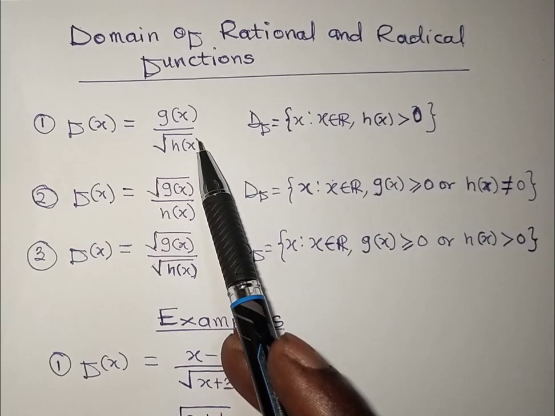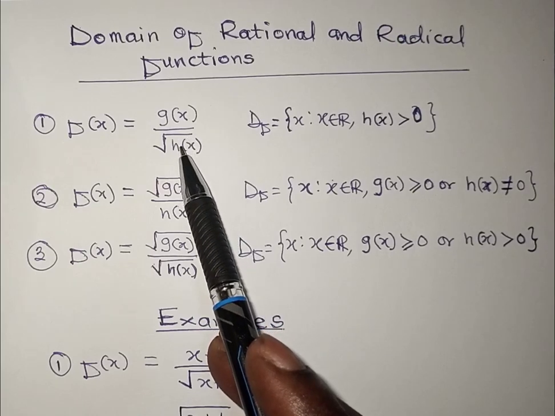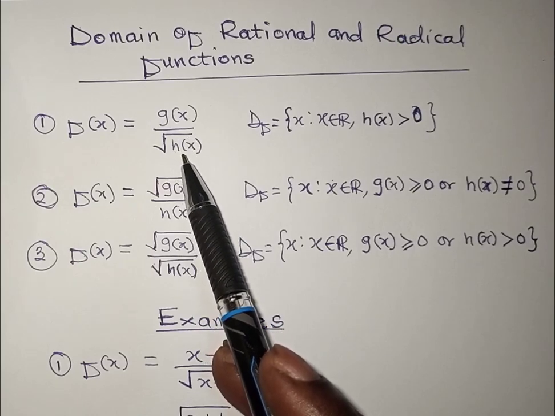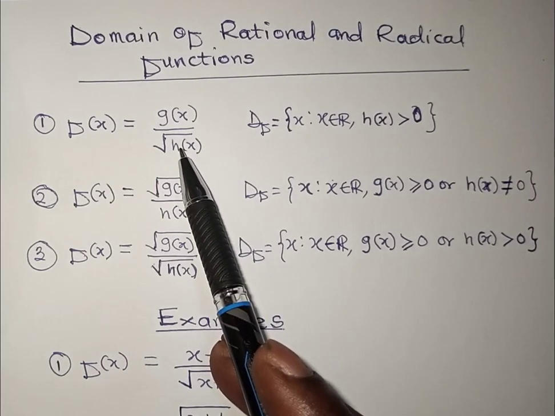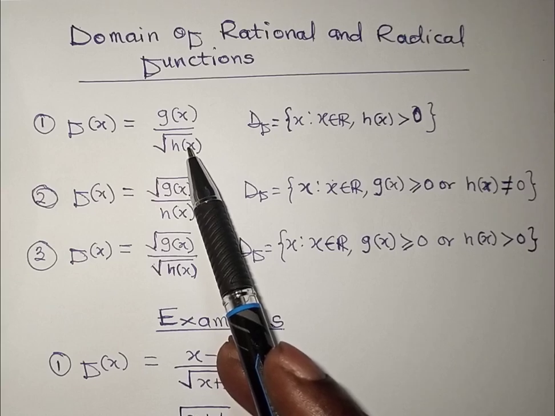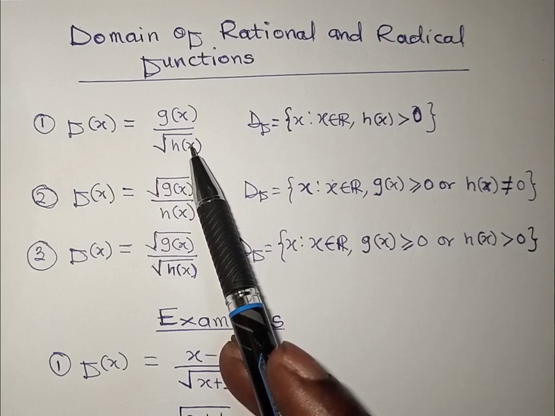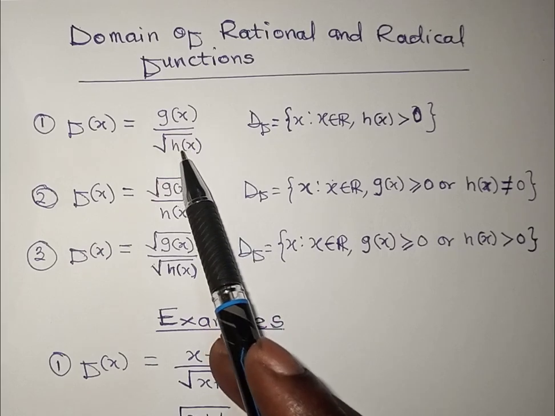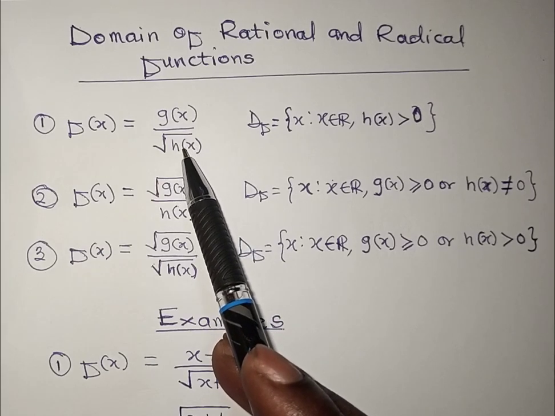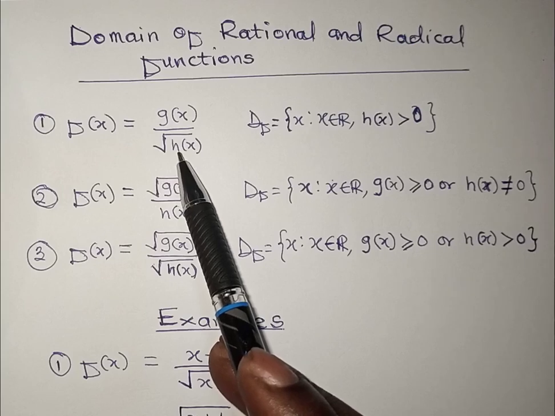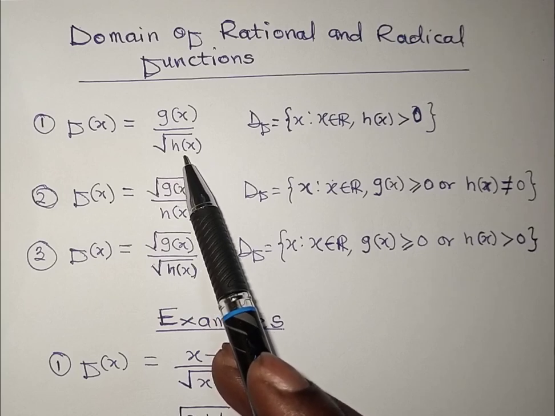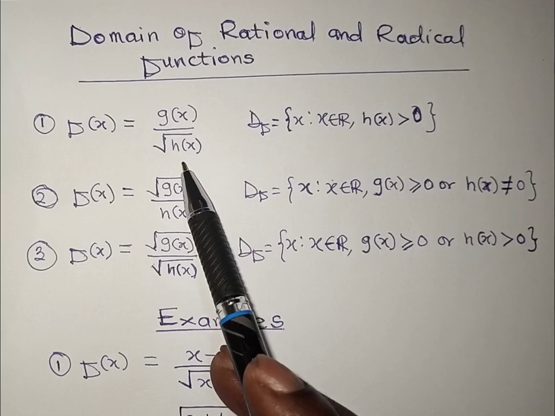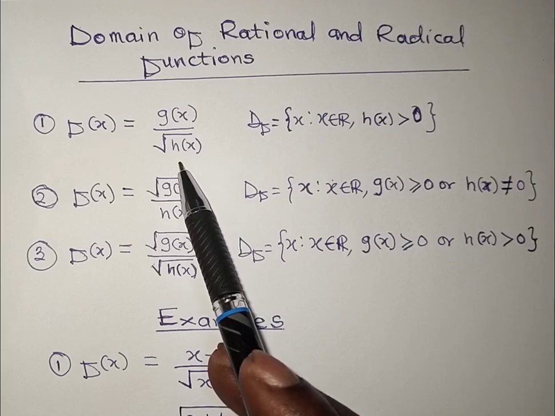So when you are given such an example, all that you need to do is to find values. As we already said in the previous video or lesson, to find the domain of a function, we are looking at the values of x for which the given function is defined. So whatever value you get, if you substitute it for x, your function must not be undefined.